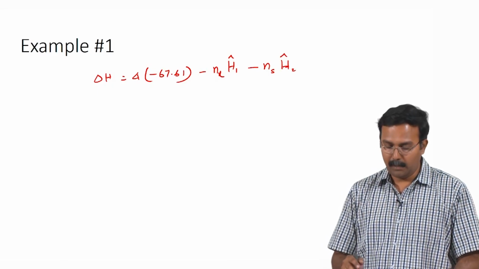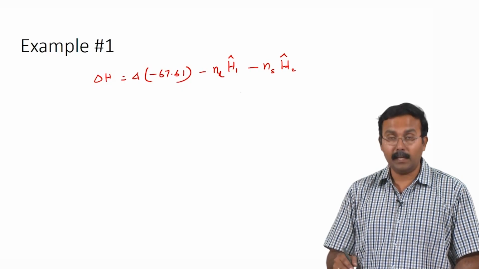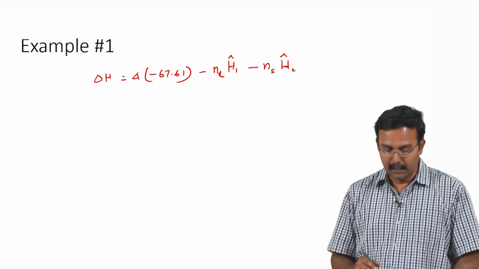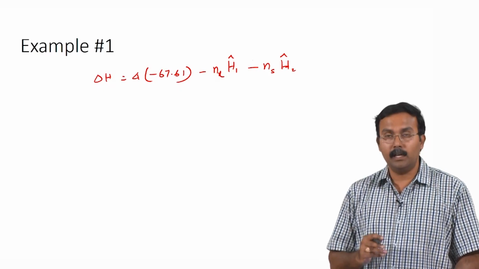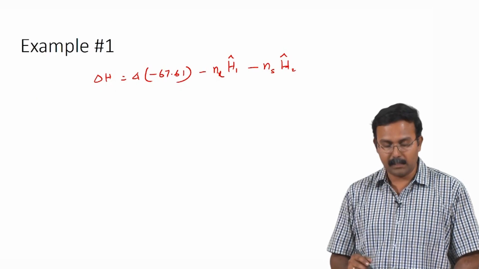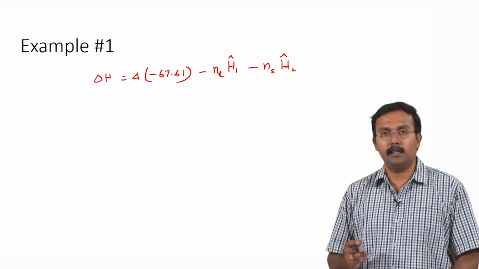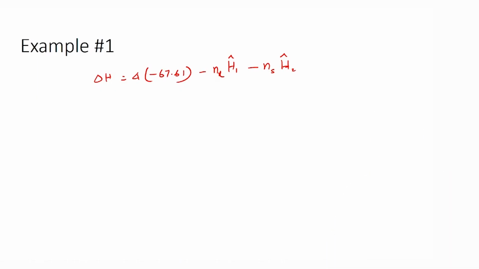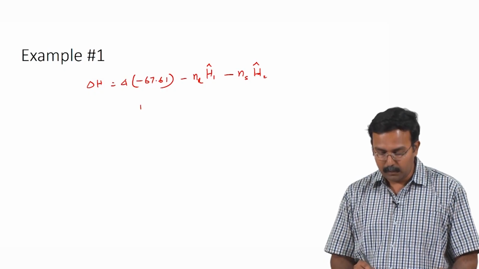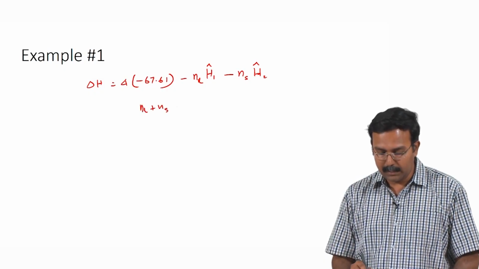So, this is what we have. Now, we have already calculated H1 cap and H2 cap, we need to calculate NL and NS. So, we already know the number of moles of water which needs to be fed. We know the mass is around 838.6 grams. So, this would mean that the number of moles would be 46.57, implying NL plus NS is equal to 46.57.